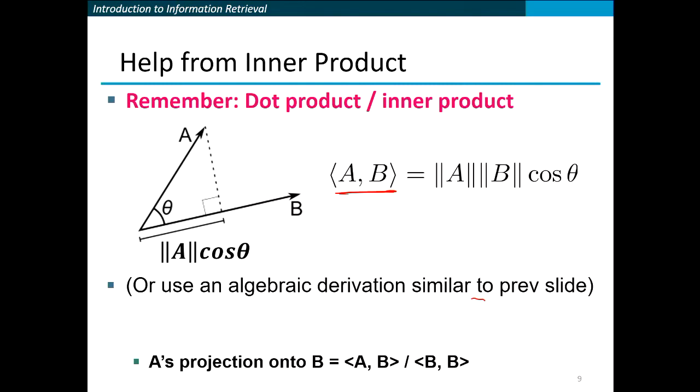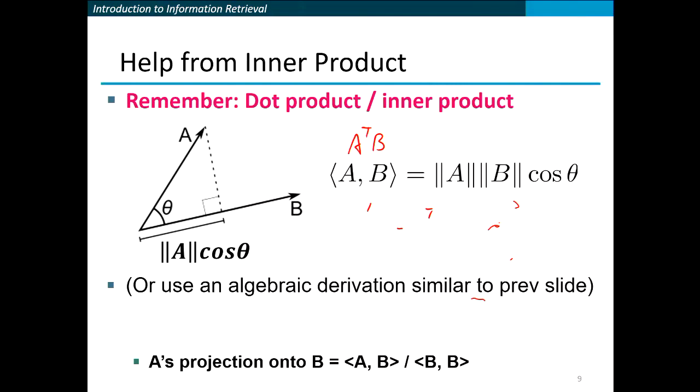Sometimes people write A dot B, but this is highly confusing because in matrix multiplication you don't write a dot. In many cases you can write A transpose B. Also, because the inner product of A and B equals that of B and A, sometimes you can say B transpose A. It's the same thing.